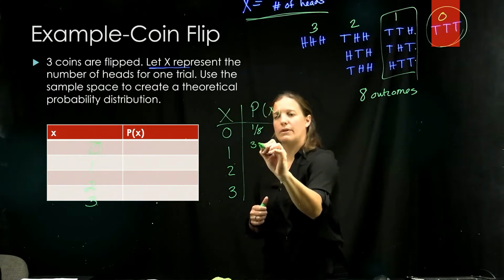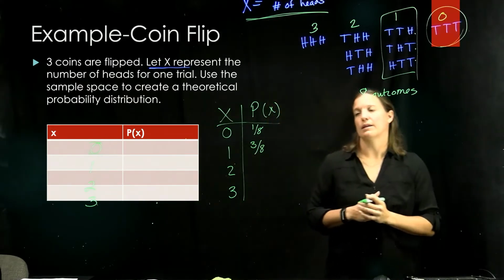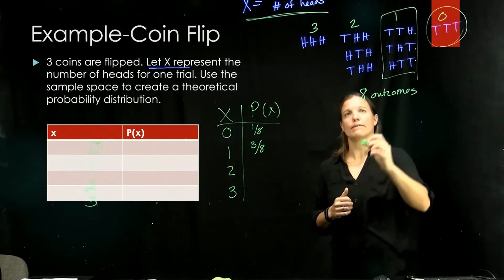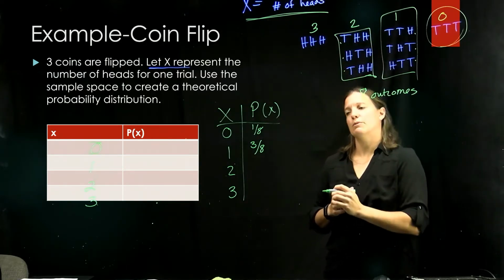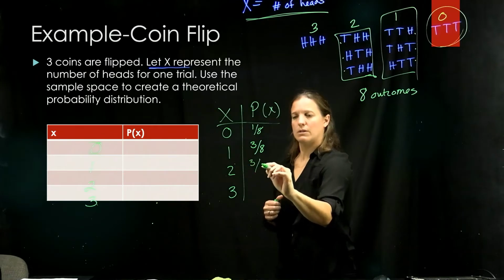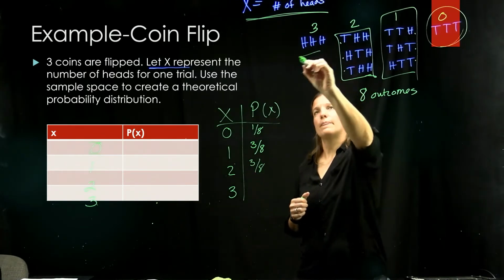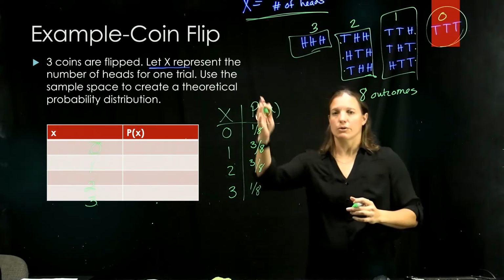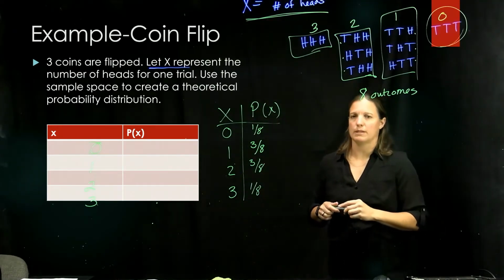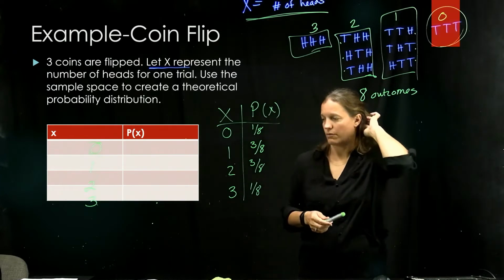So the probability of getting exactly 1 head to show up is 3 out of 8. Okay, similar with 2 heads, there's 3 possible ways for that to occur. So I end up with 3 out of 8. And then 3 heads, there's a 1 out of 8 chance. So here we have our probability distribution for flipping 3 coins.